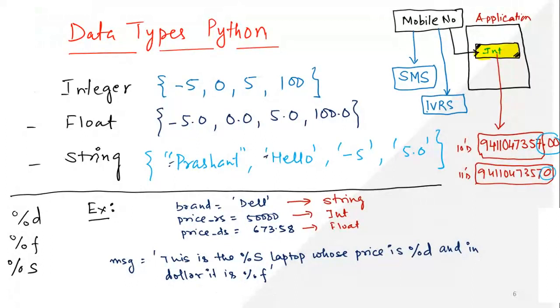So in this message, this is the %s laptop, meaning I want to print a laptop whose company name is Dell, whose price is %d, and in dollars it is %f.